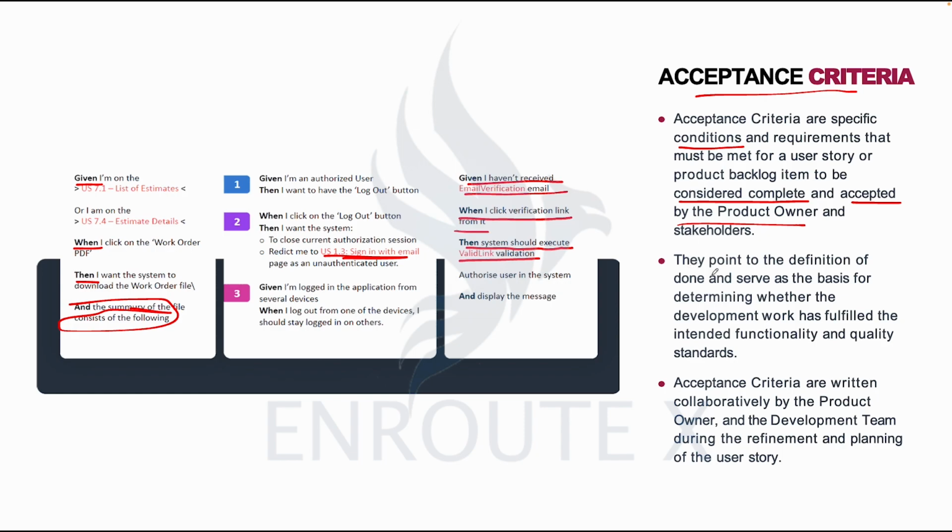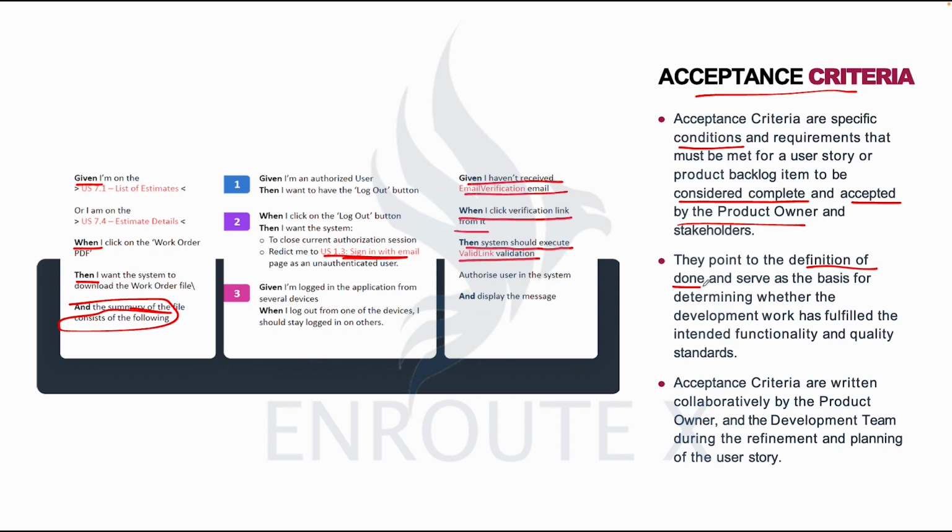The acceptance criteria points to the definition of done. It is not the definition of done. Mind you, in the previous class, I was able to show you what the definition of done is, and I made an illustration using sewing a cloth from a tailor, right?